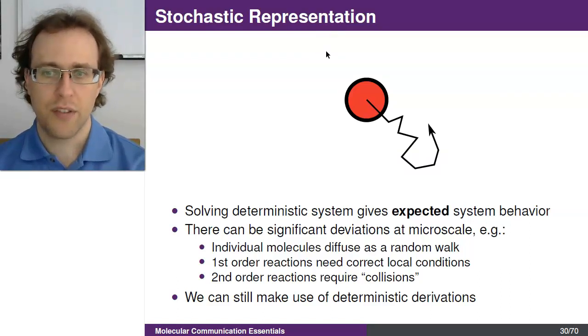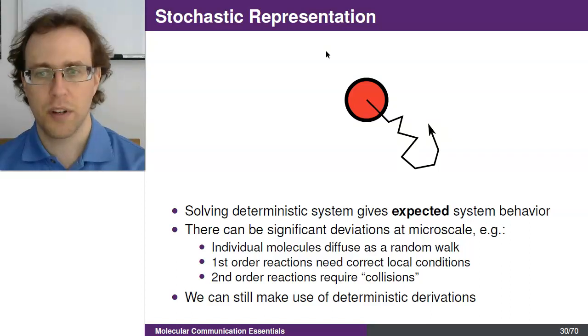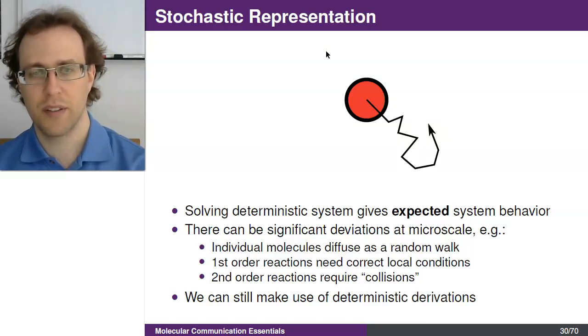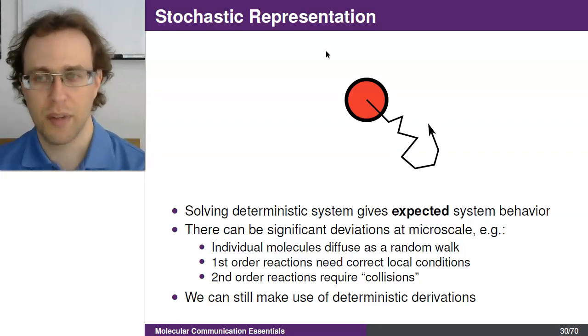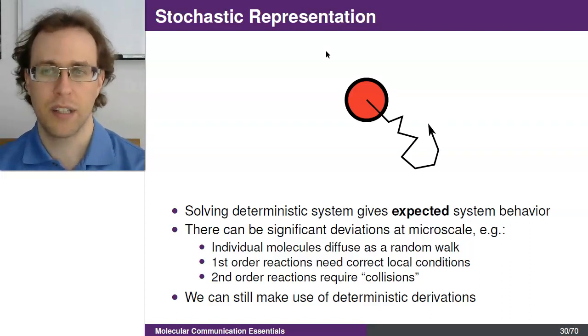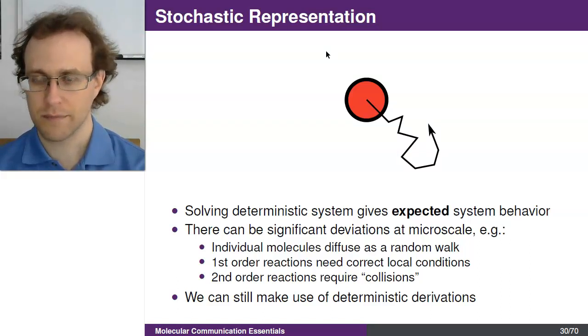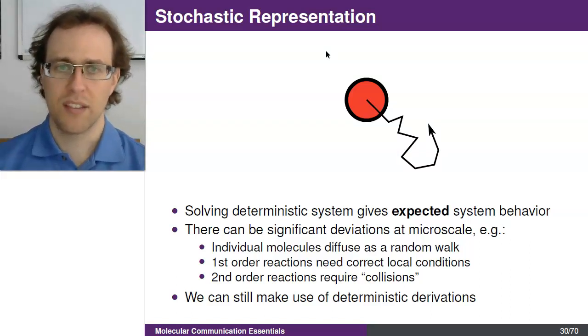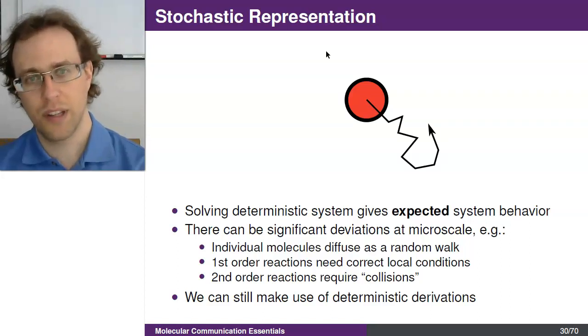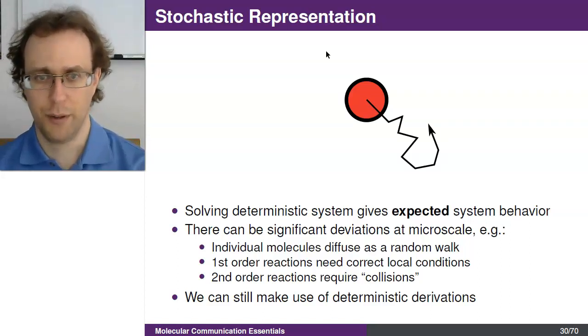For first order reactions to occur, they need to have the correct local conditions in terms of energy of the kinetics associated with the molecule, and potentially other environmental conditions like a certain temperature and so on. Second order reactions require actual collisions between molecules in order for them to take place.